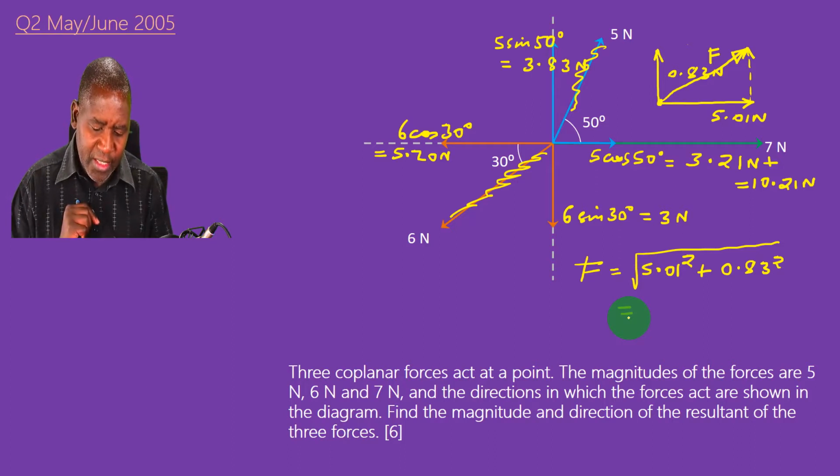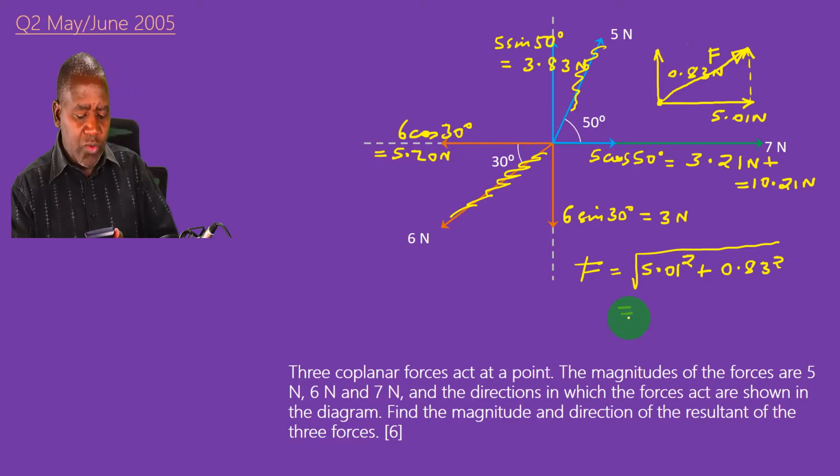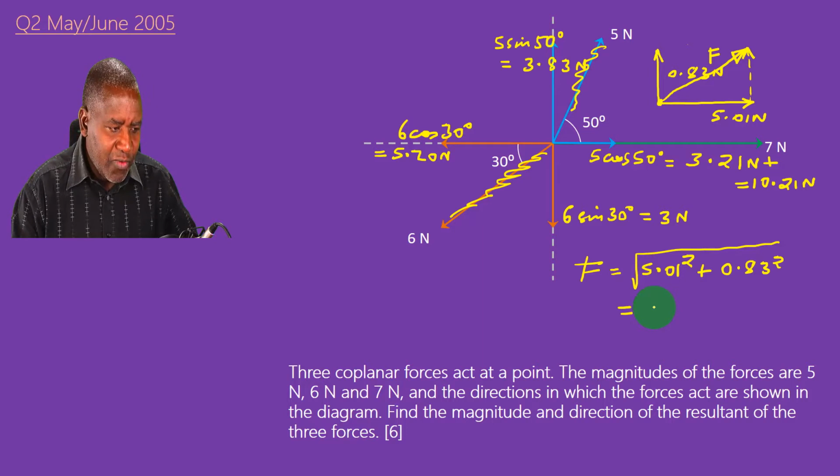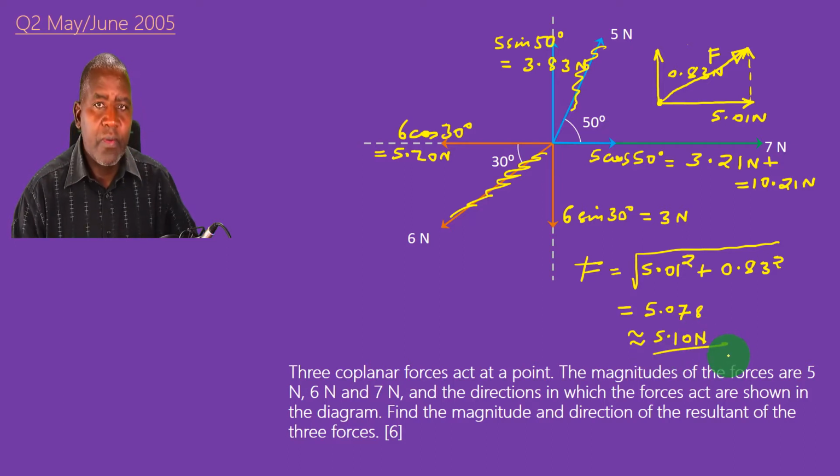I get 25.789, and then I find the square root of that answer, and I get 5.078. This is approximately 5.10 newtons. Like that. And I've got its magnitude.